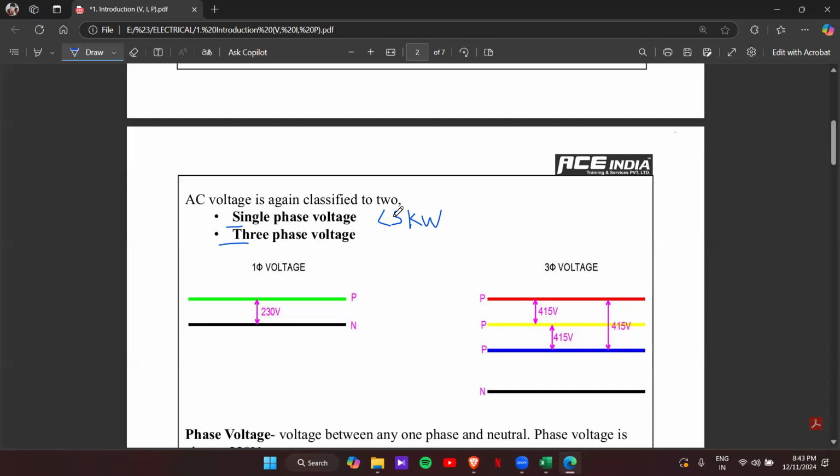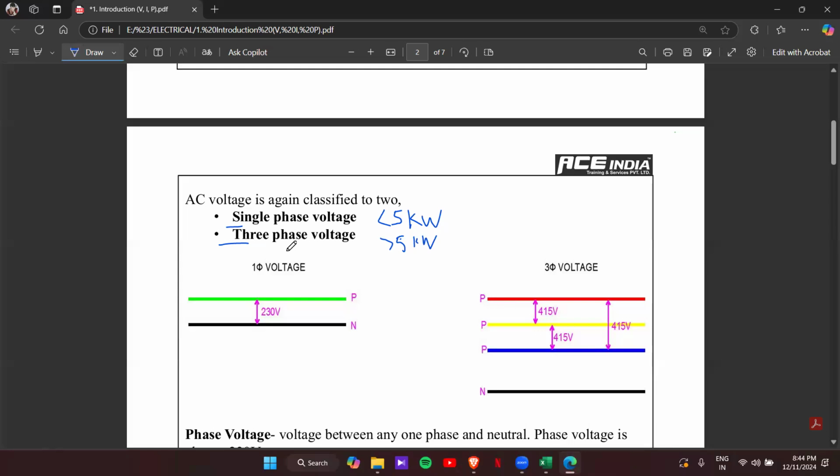If the total load is less than 5 kilowatt, you will be getting single phase connection. If it is more than 5 kilowatt, it will be three phase supply.